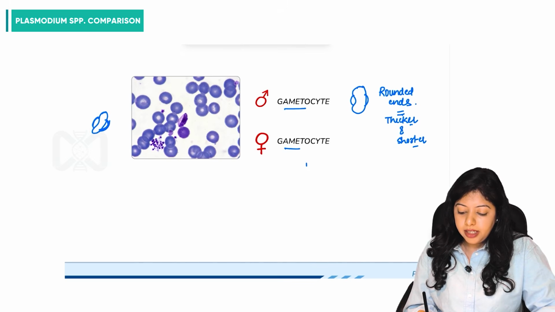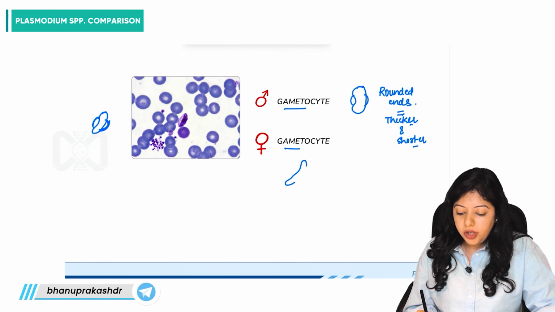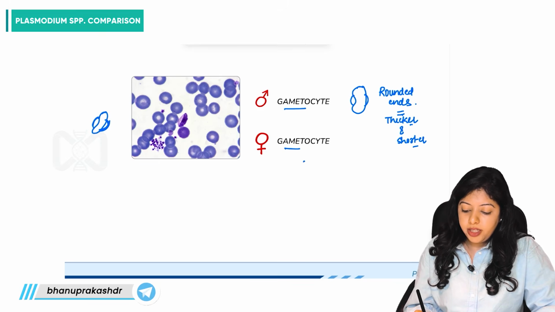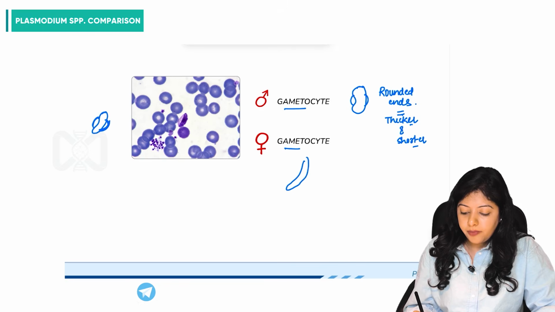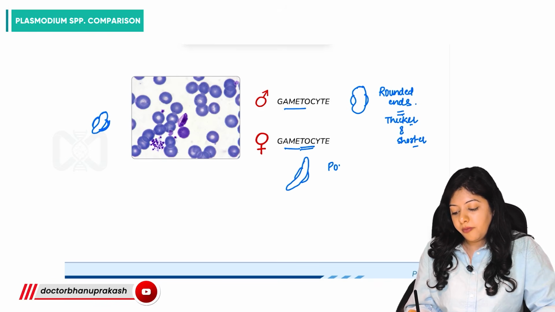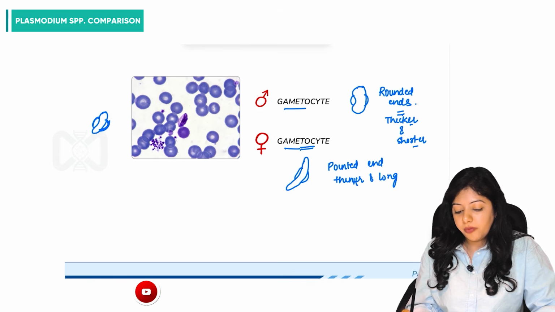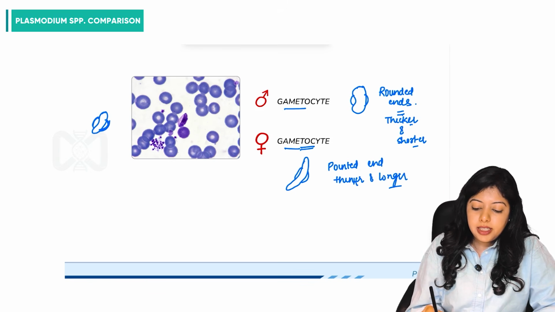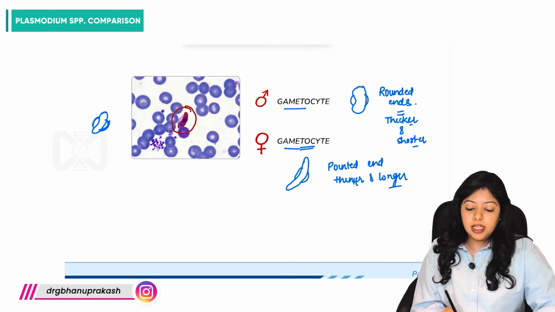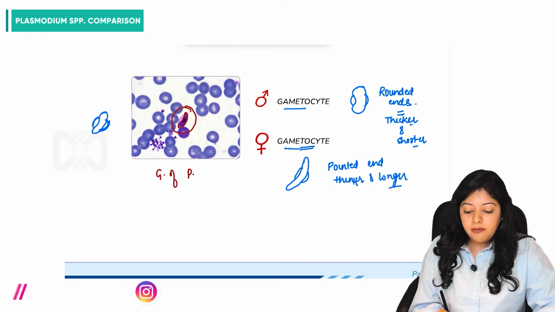And the female gametocyte is thin, longer, and it somewhat has pointed ends. So this is a female gametocyte. Pointed ends, thinner and longer. So this is the gametocyte I am talking about. In this image, can you appreciate this banana shaped structure? It is nothing but the gametocyte of Plasmodium falciparum.